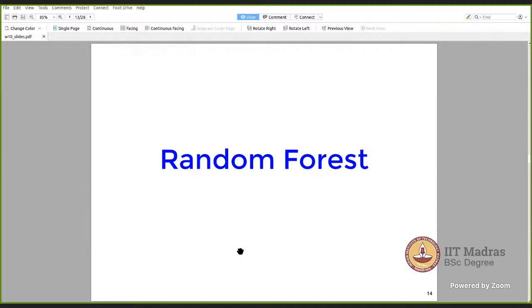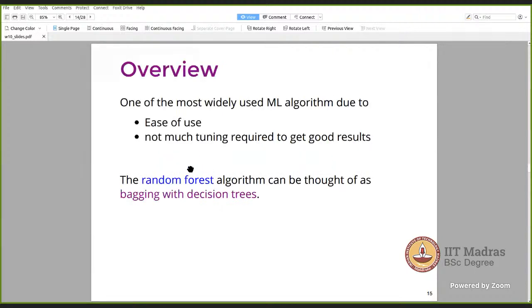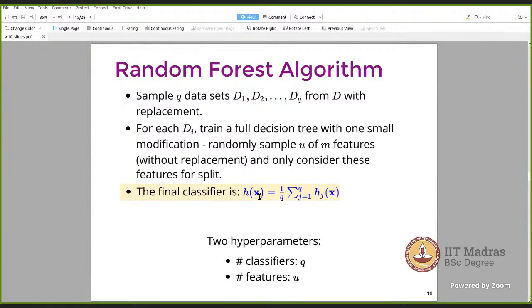Every decision tree will be given a data set with a subset of features, let's say X features, which will be randomly chosen. That's what happens in random forest. So random forest is bagging with decision trees. That's why the name, forest of trees.